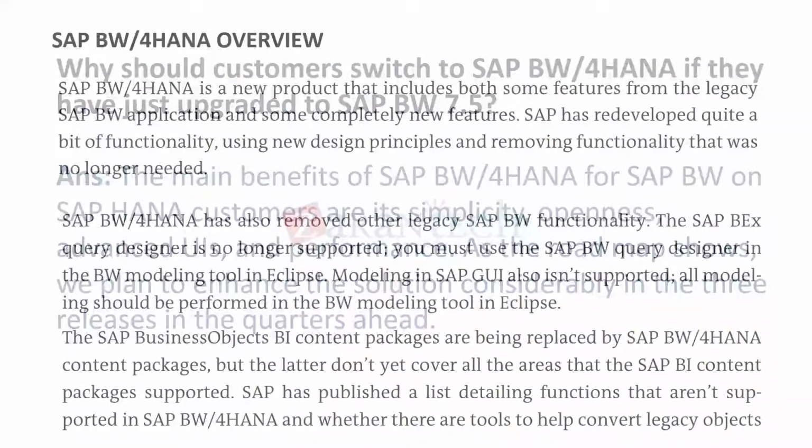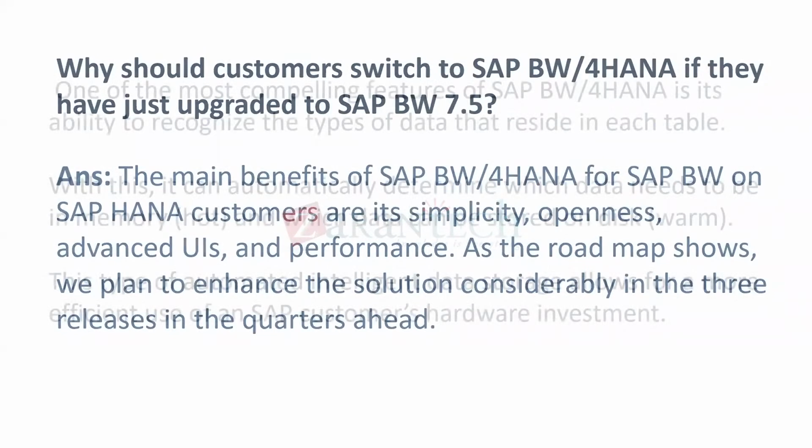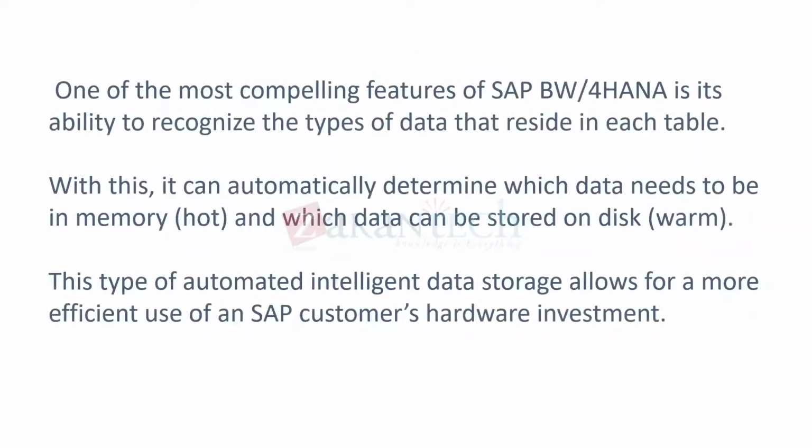There is some question people might ask. We are already using BW 7.5 or BW on HANA. Why should we go for BW for HANA? Again, it's SAP's marketing strategy. Obviously, if your customer has a properly organized solution with stable reporting, then as an implementation partner, let me put it in this perspective.